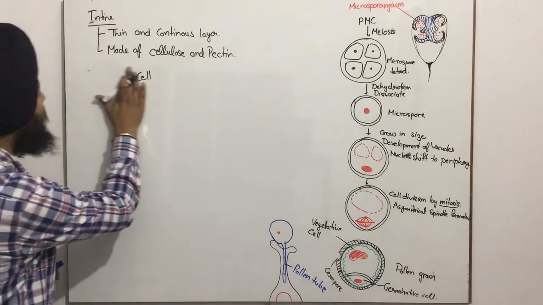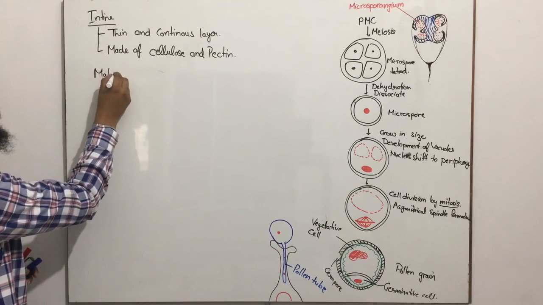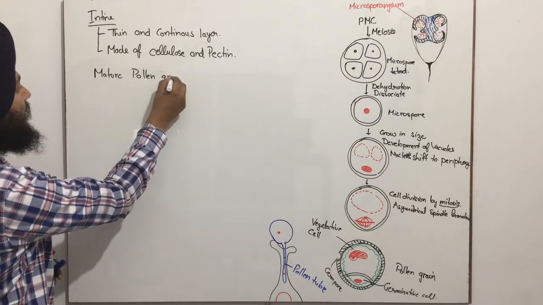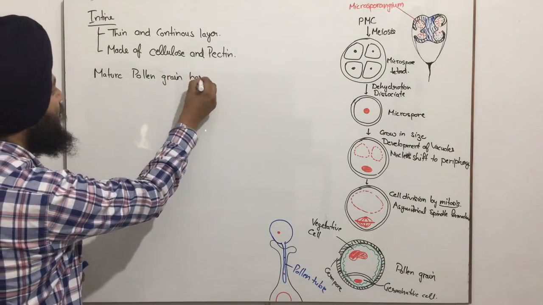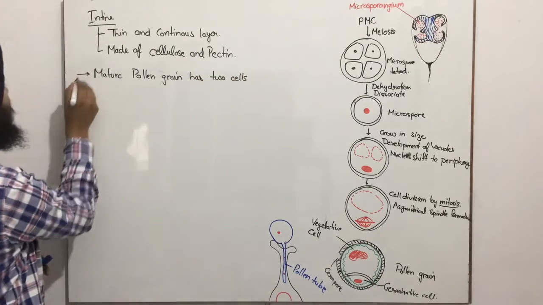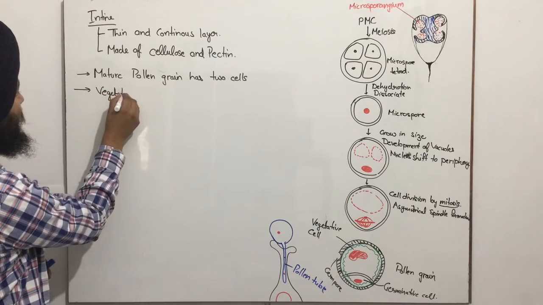Okay, so first we will write down the mature pollen grain has two cells. So the first one is the vegetative cell.